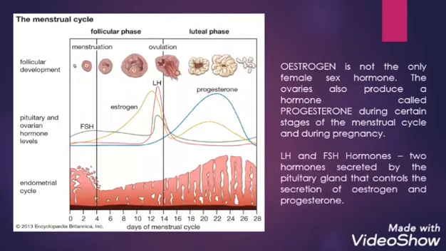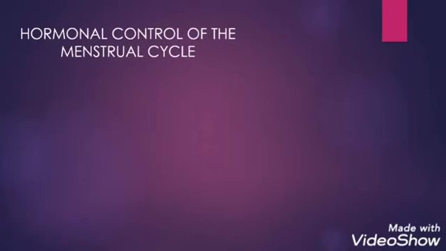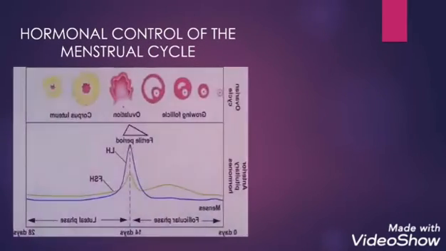The secretion of these hormones is controlled by two other hormones secreted by the pituitary gland in the head. These hormones are the LH and FSH. Let us now study in detail the hormonal control of the menstrual cycle.